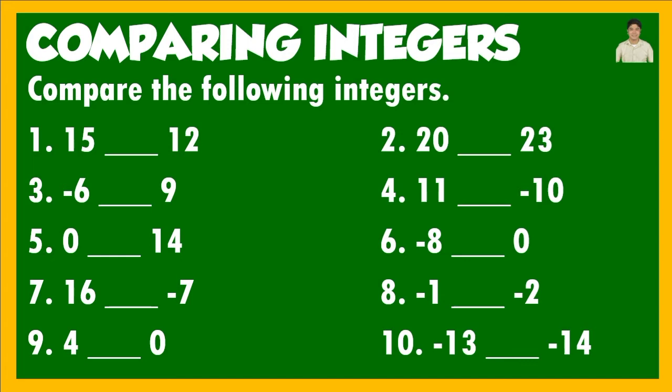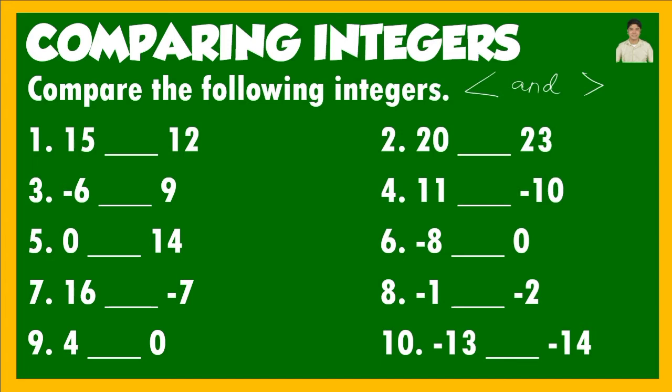So, let's have number 1. 15 blank 12. So, kapag nagko-compare tayo ng mga integers, syempre ang ginagamit natin yung mga inequality symbol. Yung less than and greater than. So, 15 blank 12.